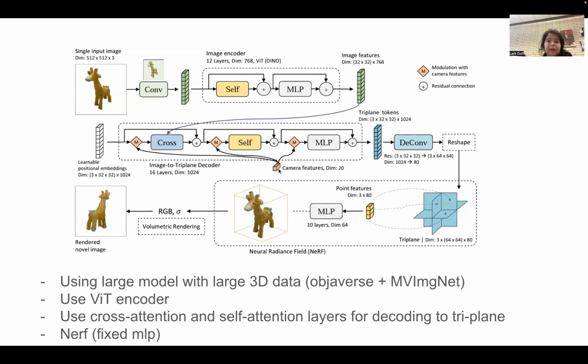They also take in camera parameters at training time. I'll get to it in a bit, but they're encoded and then modulated through these layers as a form of layer normalization, to incorporate the camera information in training.